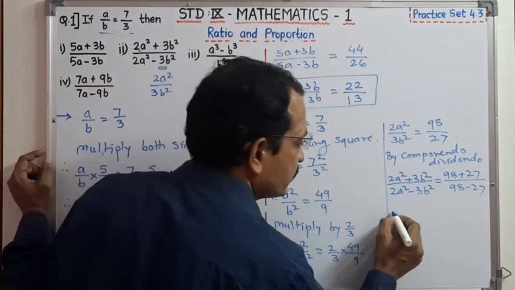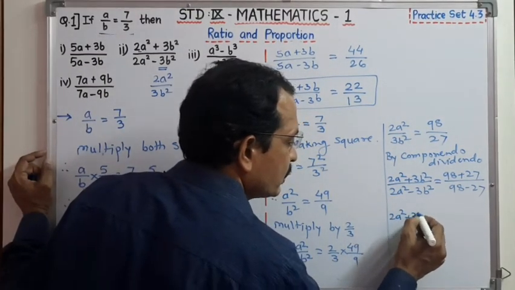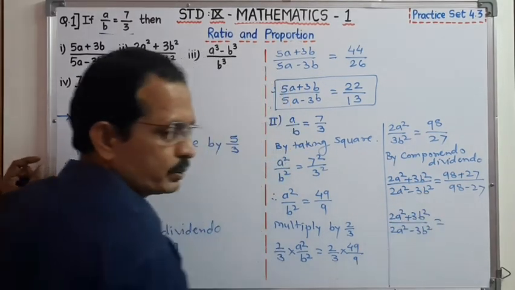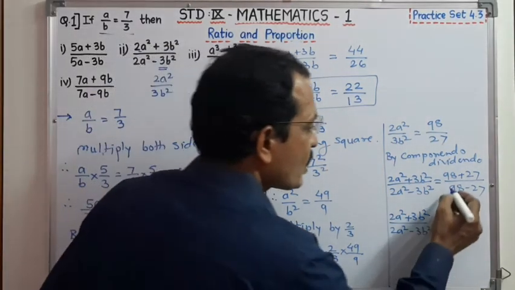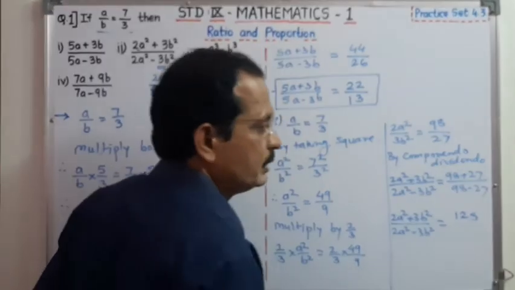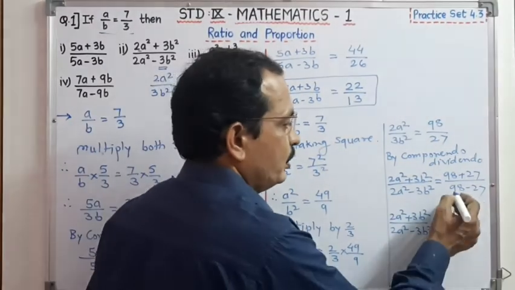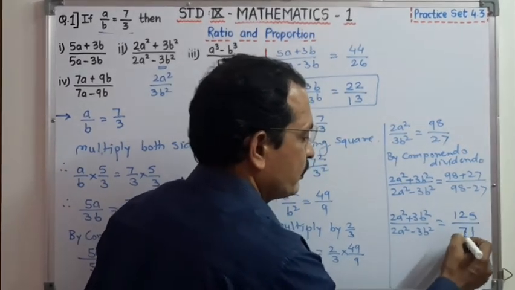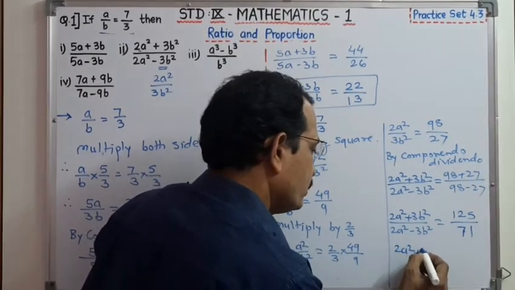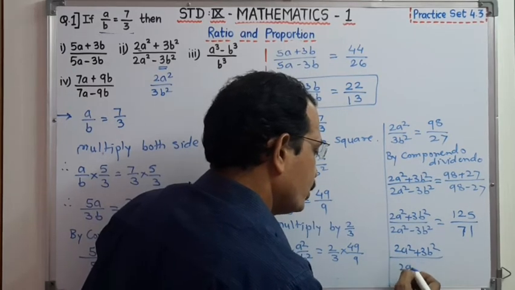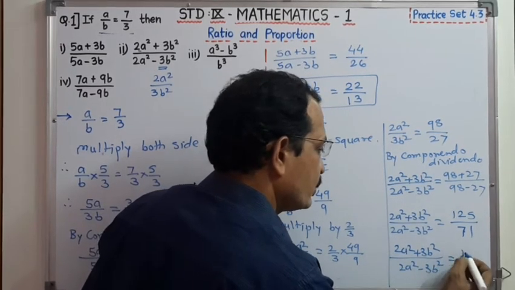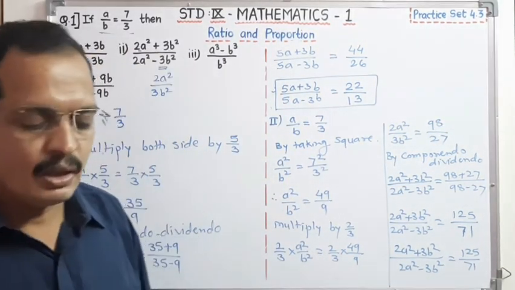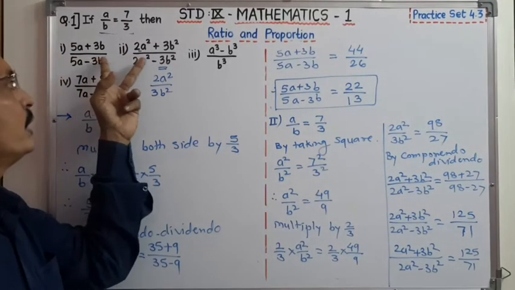Now, dear students, see here, it is 125, got it? And 98 minus 27, it is 71. Therefore, dear student, 2a square plus 3b square upon 2a square minus 3b square is equal to 125 upon 71.